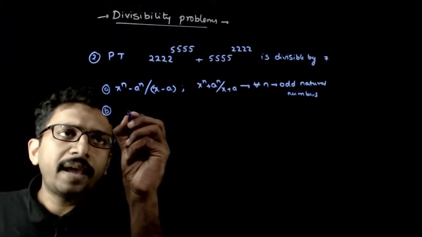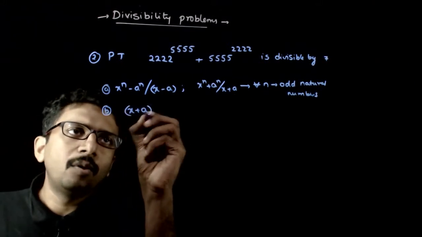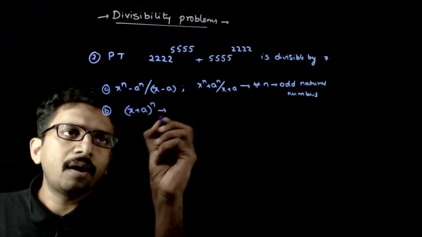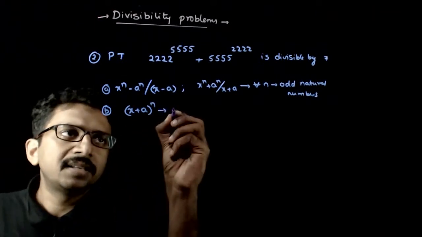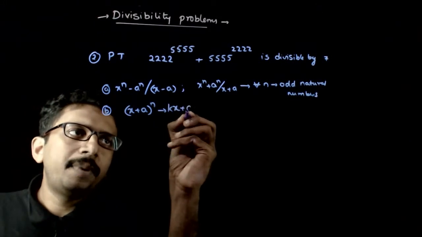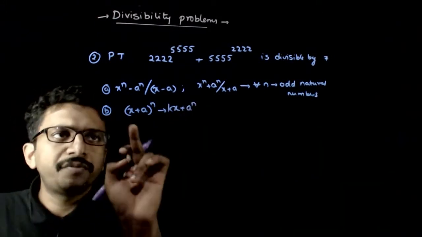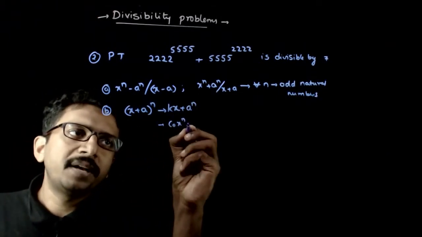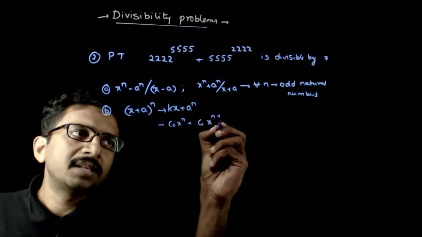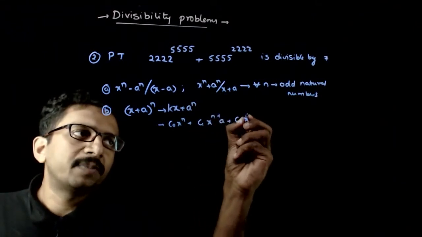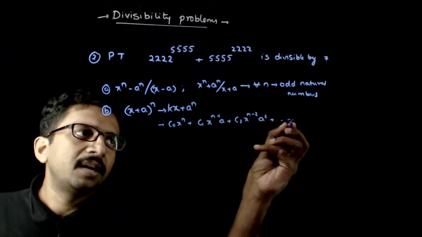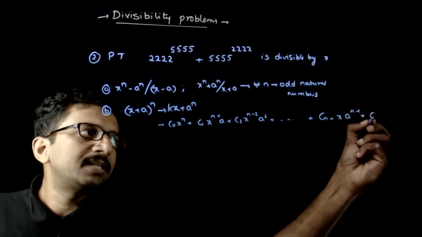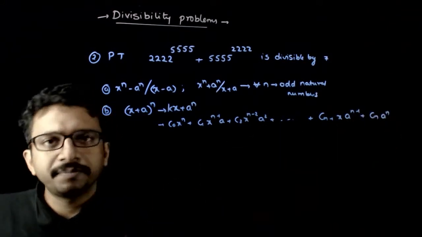So now (x plus a) whole power n can always be written as some k times x plus a power n. So if you expand (x plus a) whole power n, you get C0 x power n plus C1 x power n minus 1 into a plus C2 x power n minus 2 times a square plus so on, Cn minus 1 x a power n minus 1 plus Cn into a power n.